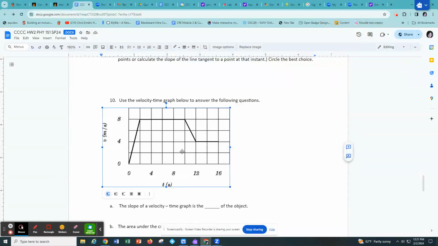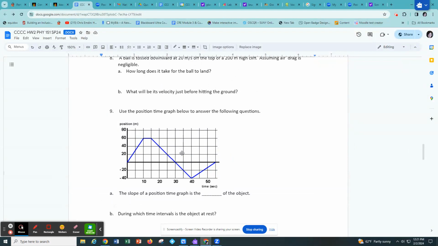And on a position time graph, it's different. You are going to look at the shape of the position graph. And remember that the slope of a position graph is velocity. So if the slope is positive, and it's constant, the slope of this line here is the speed that you're traveling at.